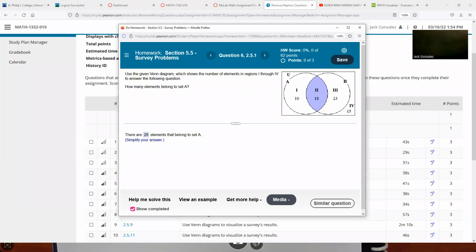They tell us there's 10 elements in this region, and there's 18 elements there, so they keep them separate. So when they tell you how many are in A, you just add them together. 10 and 18 is 28.